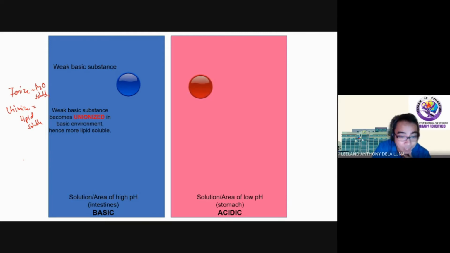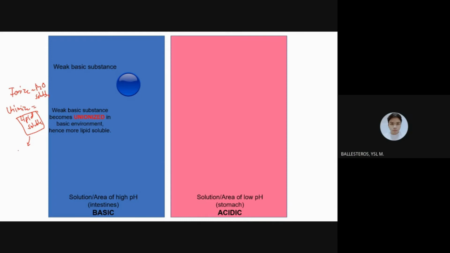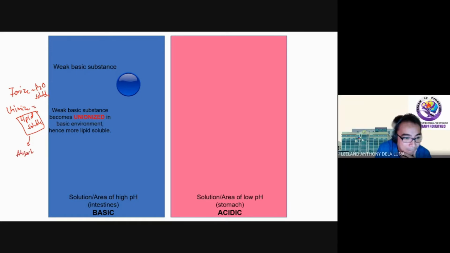At dahil siya ay unionized, it's gonna be lipid soluble. At kapag lipid soluble siya, ano expected ko? Absorb, excrete. Absorb po. Very good. Absorb po. Please take note of this. Absorb into the cell. Into the cell. Alright?